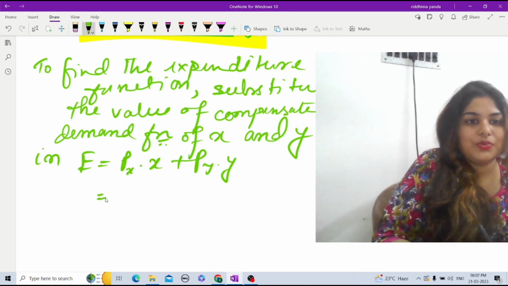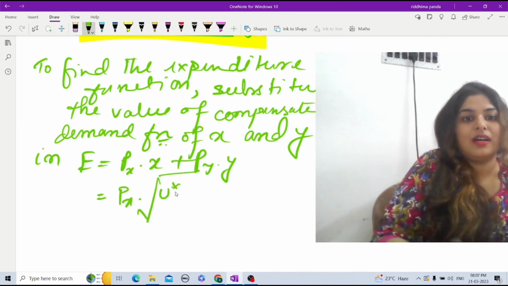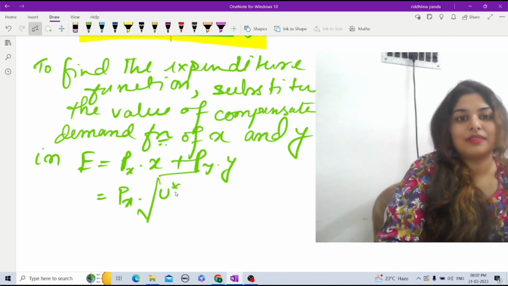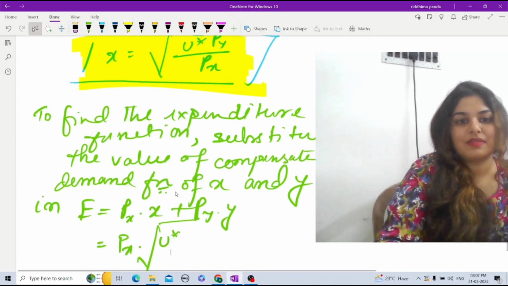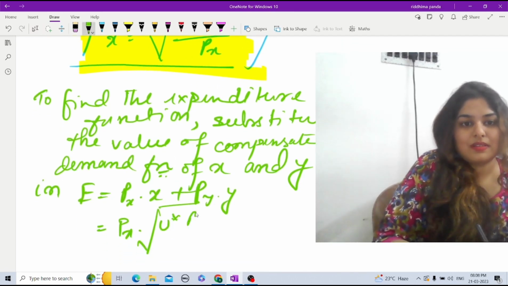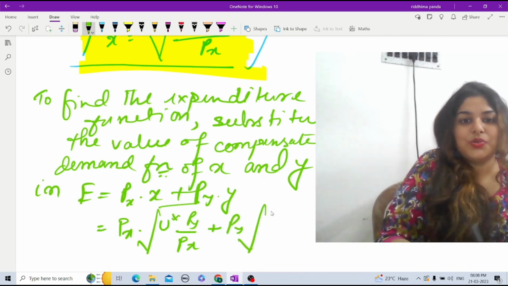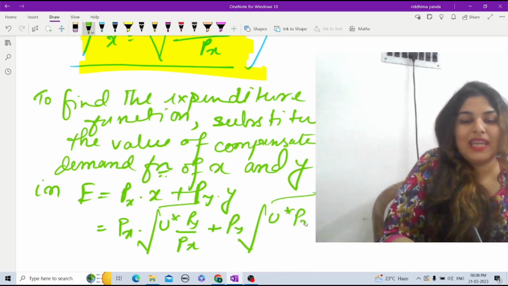That is equal to px into root over of u star py by px plus py into root over of u star px by py.